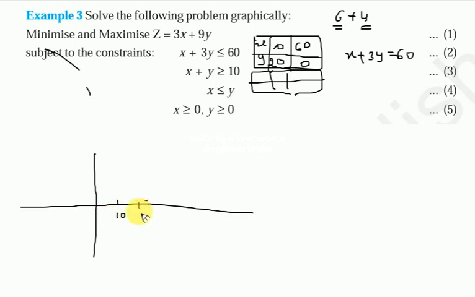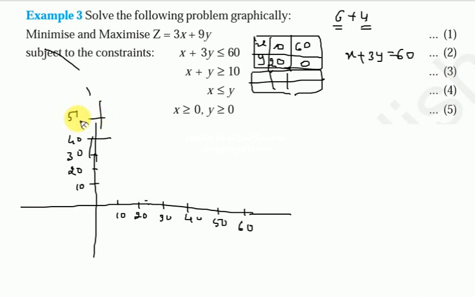So 10, 20, 30, 40, 50, 60, and again here we can have 10, 20, 30, 40, 50. So this much is enough. Now 0, 20 will be somewhere here and 60, 0 will be here. Therefore we can join this.